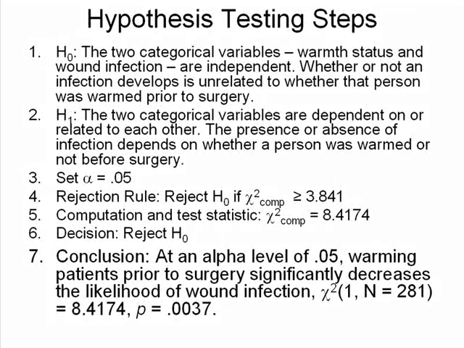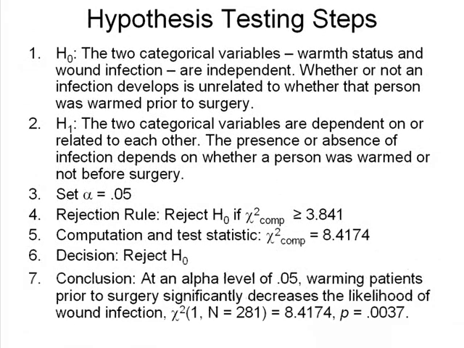Now let's look at all 7 steps together. What we see is our HO and our H1, our null hypothesis and our alternative hypothesis are both pretty wordy. That's kind of a characteristic of chi-square. Step 3 is the way it always has been. We just say what our alpha equals.